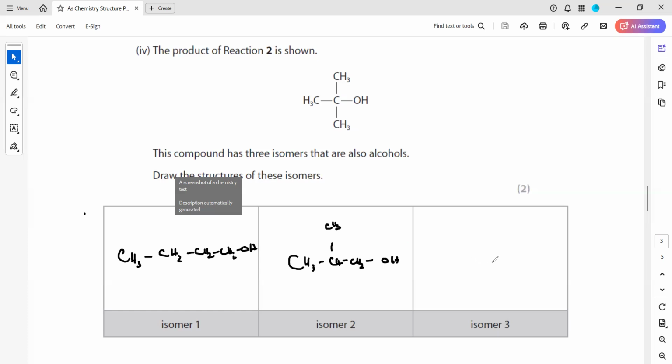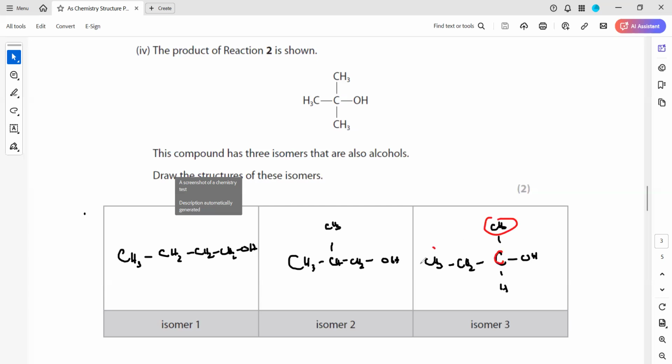So if I want to draw a secondary, the carbon which is attached to OH has two alkyl groups. So this will be CH2 and then CH3.